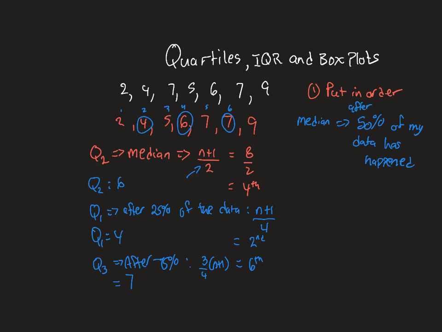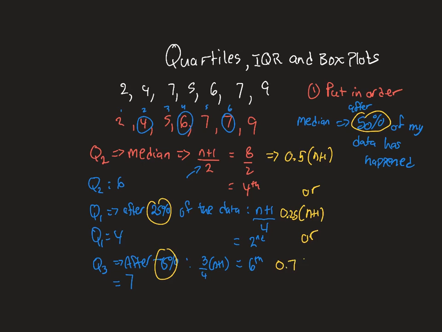Now, another way you can look at these formulas, now that we know that this means 50%, this is 25%, this is 75%, is to just rewrite the formula as 0.5, which is 50%, times n plus 1, or 0.25, which is 25%, times n plus 1, or 0.75 times n plus 1.